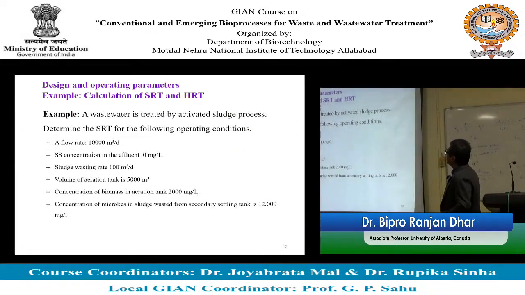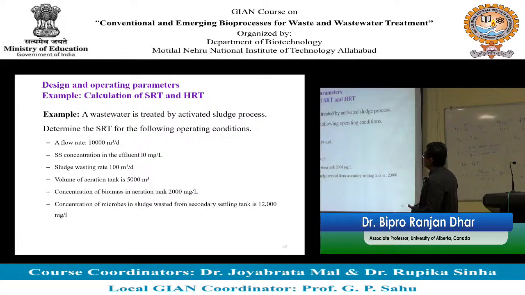So let's see some simple calculation, okay? Calculation of how we can calculate SRT and HRT. So a wastewater is treated by an activated sludge process. Determine the SRT for the following operating conditions. So we have a flow rate of 10,000 meter cube per day. Suspended solid concentration in the effluent is 10 milligram per liter.